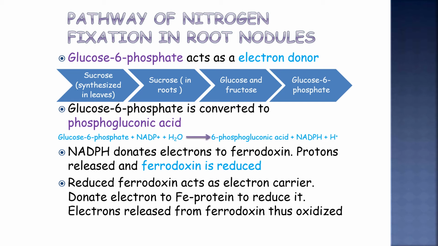So after studying the various equations and processes and also learning about the different types of enzymes in the presence of which the reaction occurs, now the pathway of nitrogen fixation in root nodules. Here, glucose 6 phosphate acts as an electron donor.